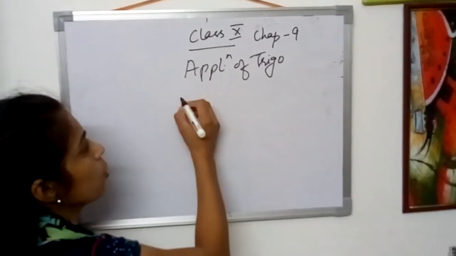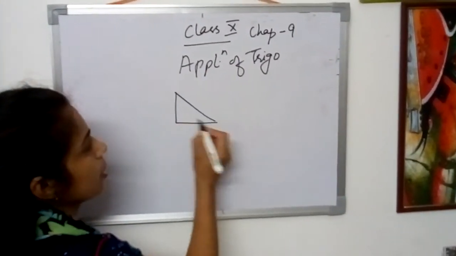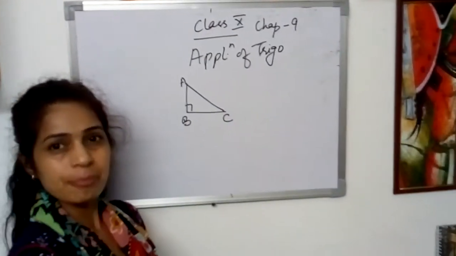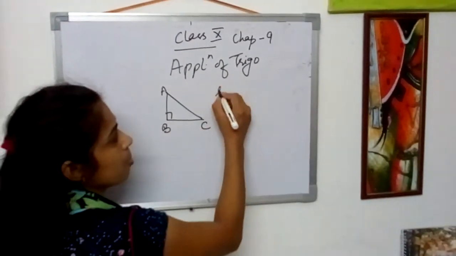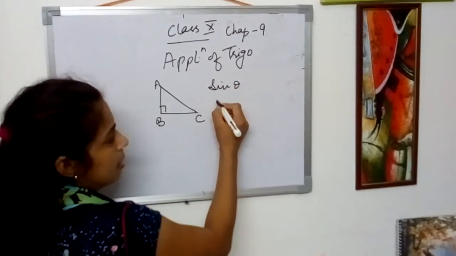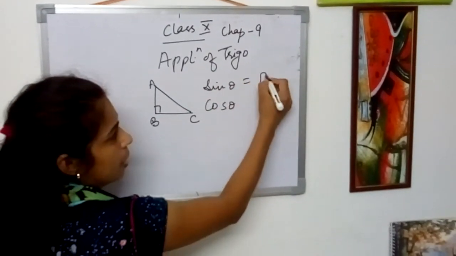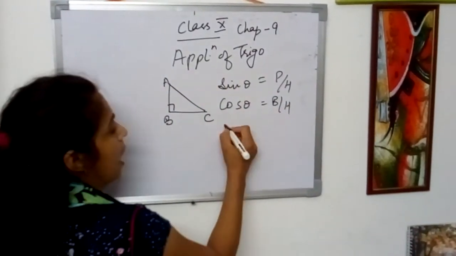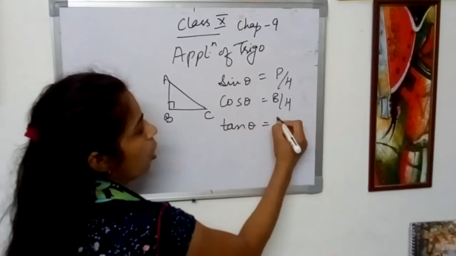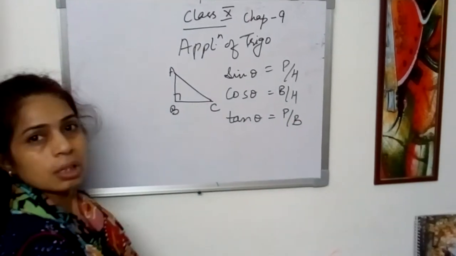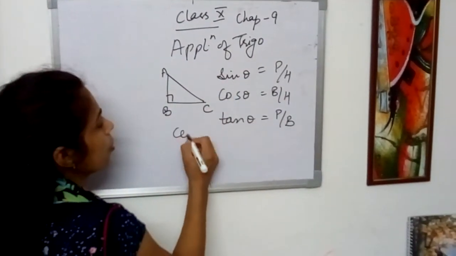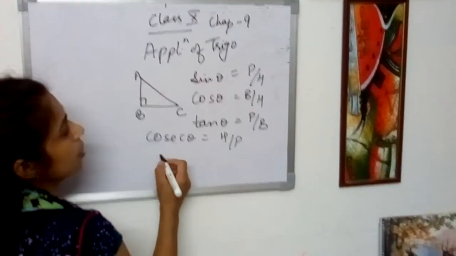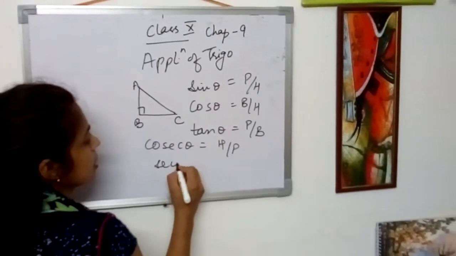We already know trigonometry is related to right angled triangle, and we have been finding various trigonometric ratios like sin theta, cos theta and tan theta.